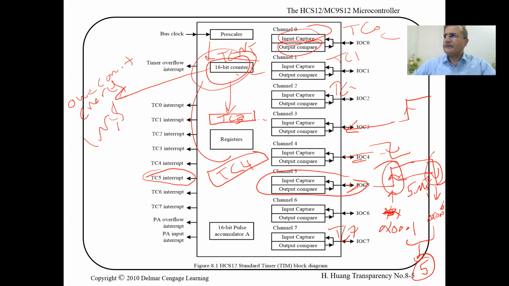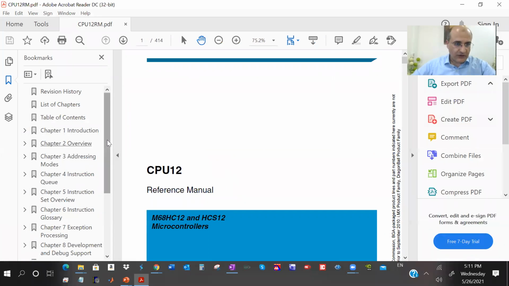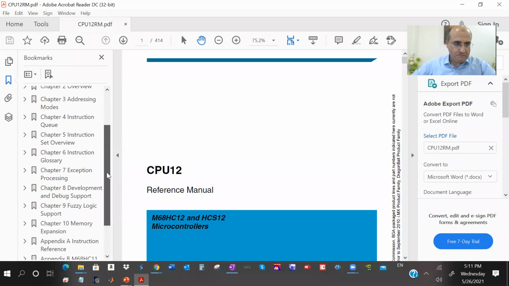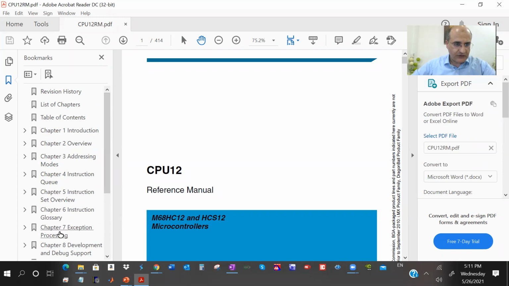Where was it? Let me open it in the CPU datasheet. When we talk about interrupts, it was in the datasheet, where was it? Exceptions.